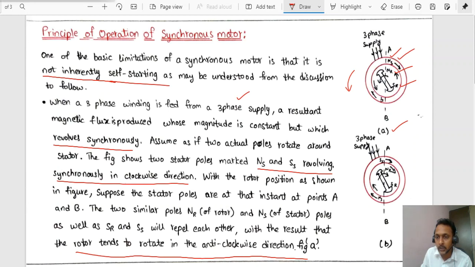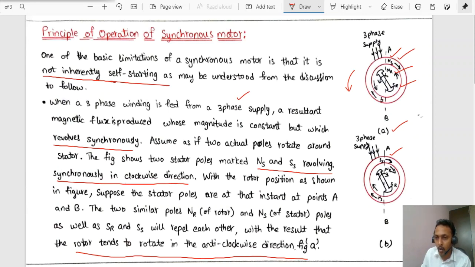Here at position A we now have the stator south pole, but we still have the rotor's north pole. The rotor is unable to change its position quickly, but the stator field has already rotated. The rotor is unable to catch up.